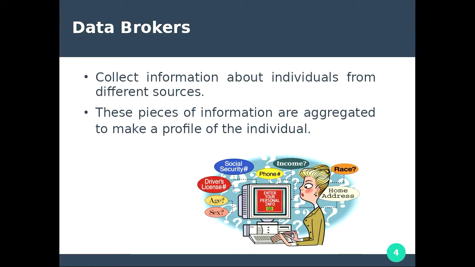What data brokers do is get all of these pieces of information from different places and put them together to make a profile about this person. This profile might contain, for example, this person's age, purchasing power, religious beliefs and political affiliations. Every piece of information is valuable to them, because this is what tells them what kind of product or service you might be interested in.